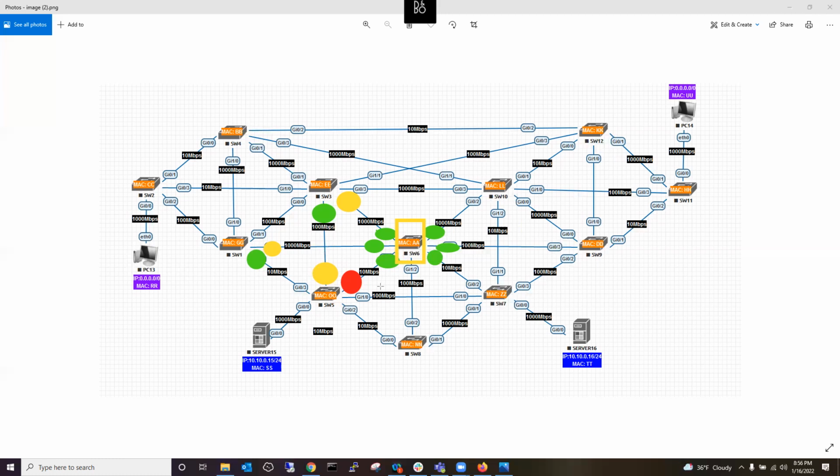Hold on, explain that again. The gigabit 0/3 on switch 5 will be blocked. Why? Because the link is connected to, it has a higher MAC than switch 1.